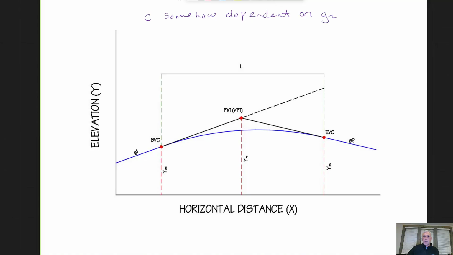So G2 must be a component of that C, and in fact it is. So let's confirm it. C speaks to the rate of change in slope along the curve.